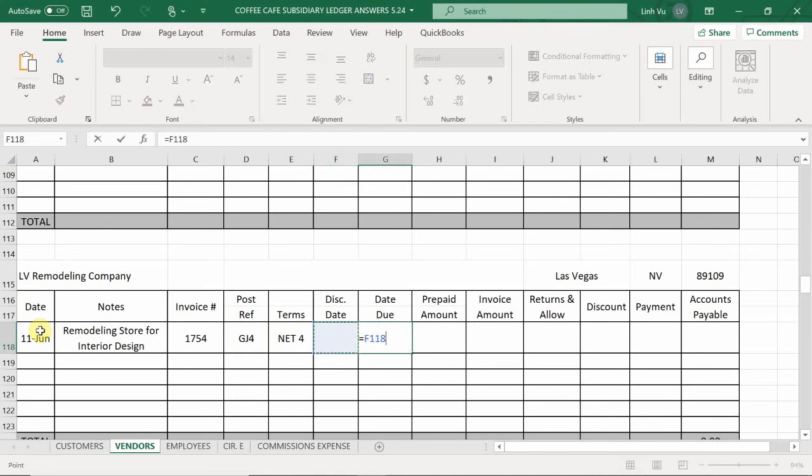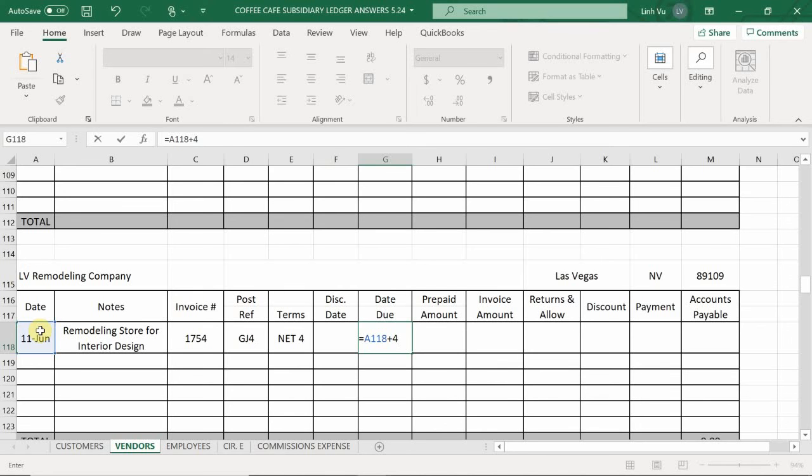However, we need to figure out what the actual due date is. So in this case, when is this bill actually due? I believe it's June 11th plus 4 days.